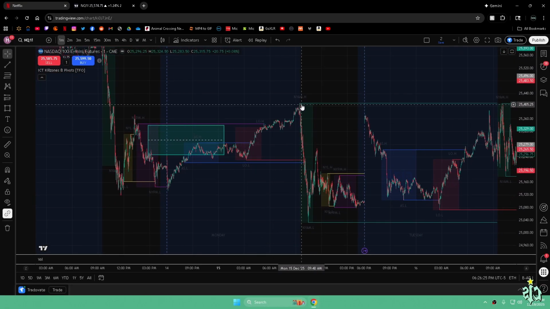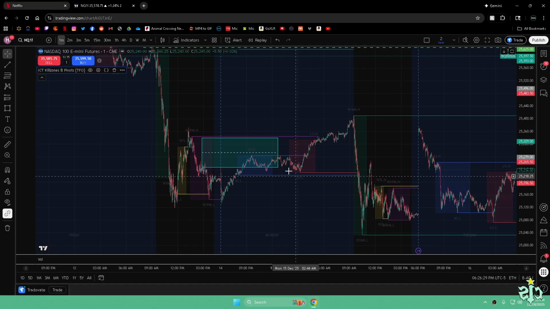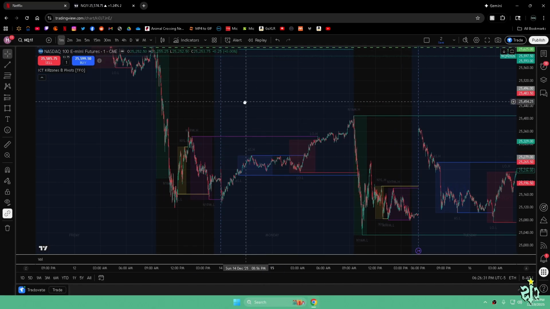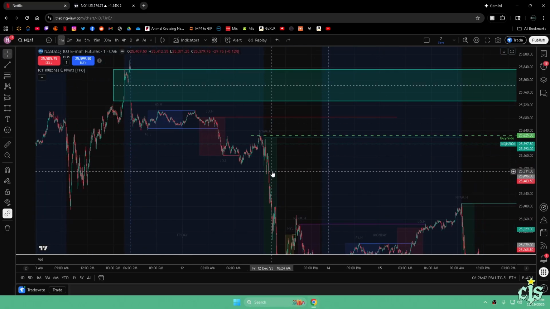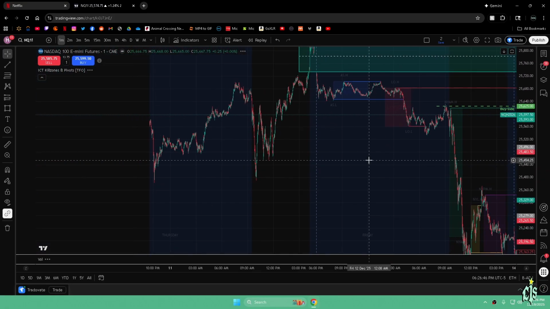It expands. It then takes both buy and sell side liquidity. What does Asia do? Accumulate. London takes sell side. New York retraces, takes buy side, and then drops. Right?